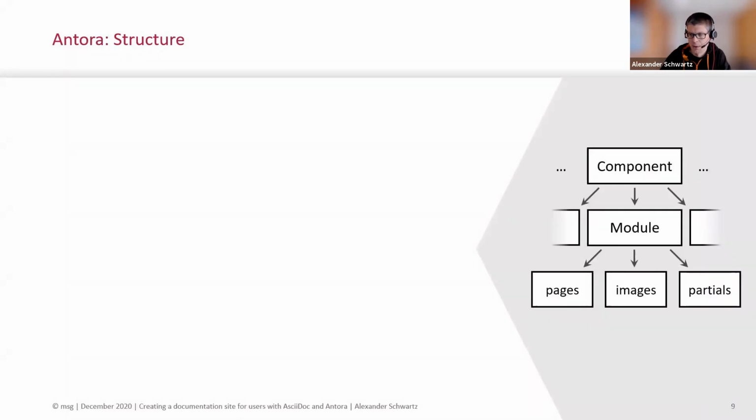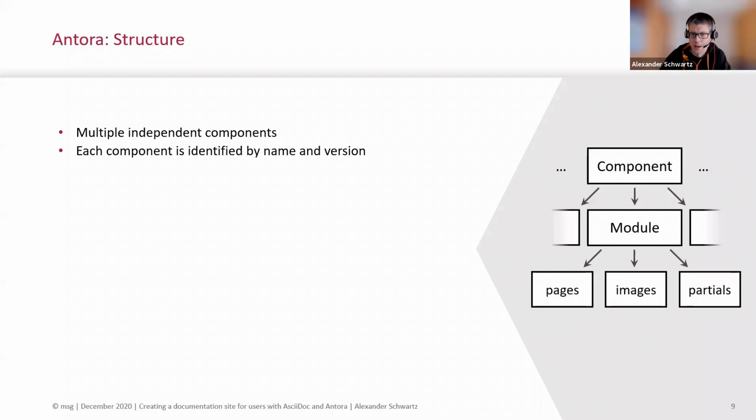And within a component, you can have lots of modules, and these modules belong to their components. And you can quite easily link between these modules. These kinds of links can always link to another module in the same component with the same version.